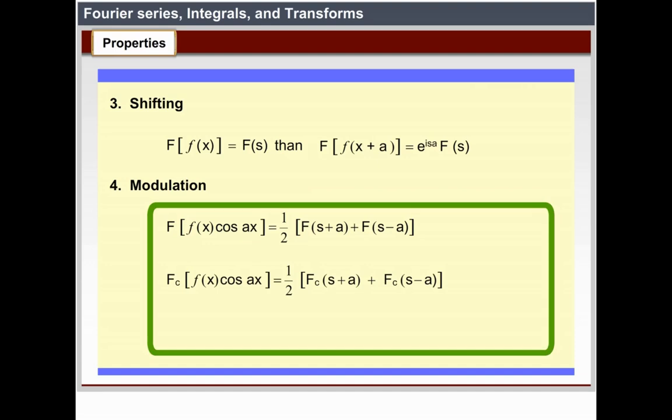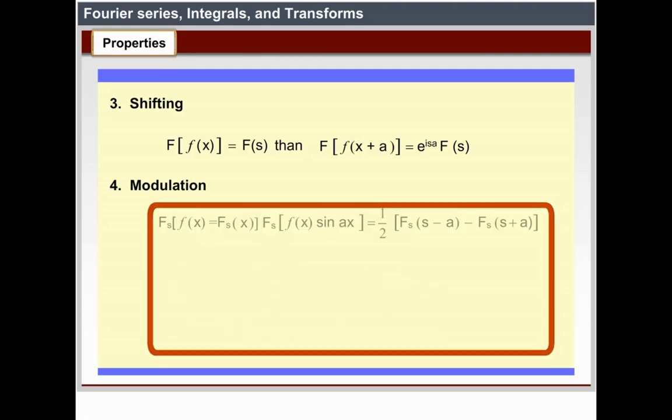Fc of f of x cos ax equal to 1 by 2 into Fc of s plus a plus Fc of s minus a. Fs of f of x into sin ax equal to 1 by 2 into Fs of s plus a minus Fs of s minus a.